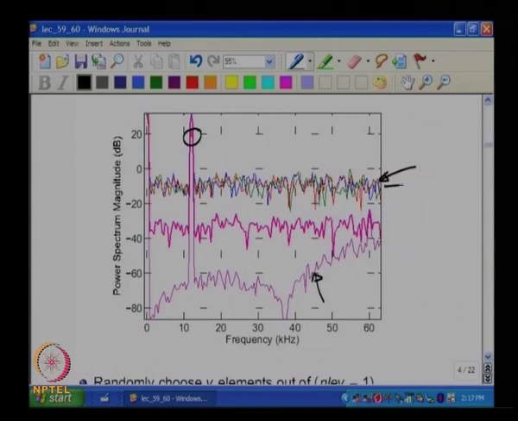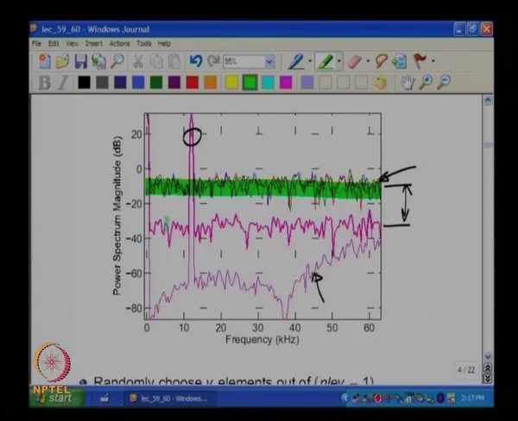Unfortunately, if there is mismatch, you will see that the cancellation is only partial, and therefore, the uncancelled part will bear the same spectral shape as this noise. Does that make sense? Okay. So, the total in-band noise is a combination of two things.